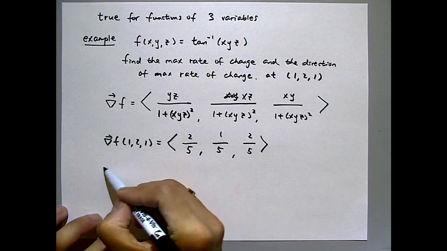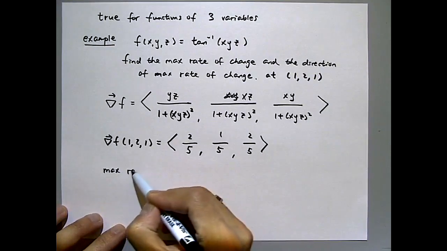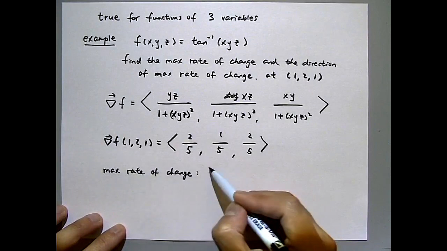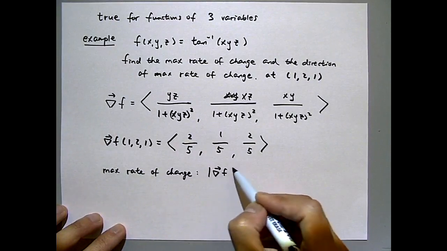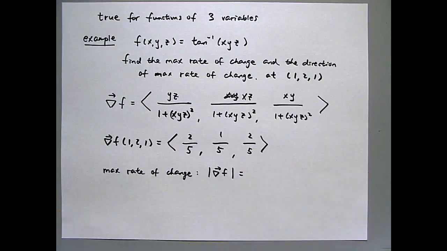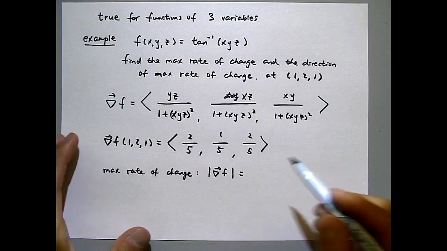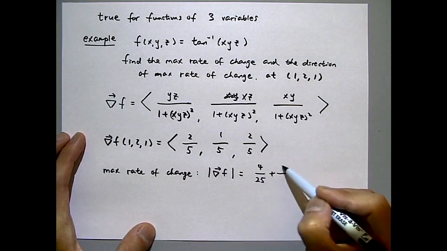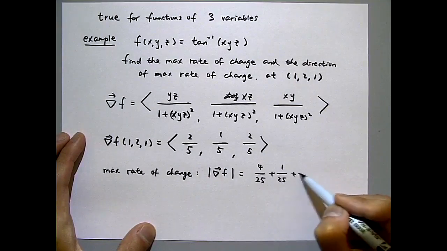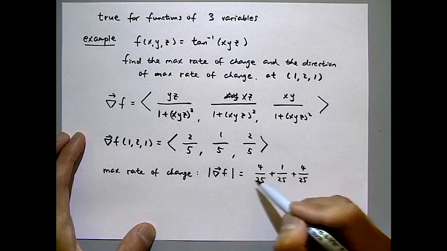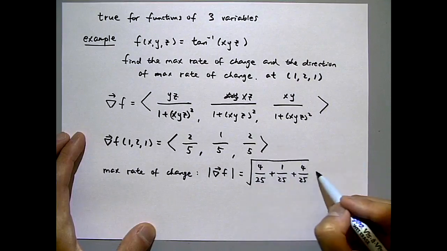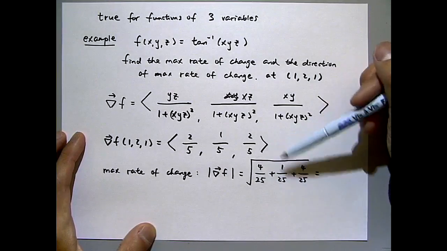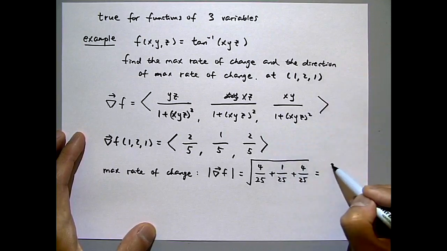Maximum rate of change is the magnitude of the gradient vector. So let's see, we get 4 over 25 plus 1 over 25 plus 4 over 25, and this is a 9 upstairs, 3 over 5, right?